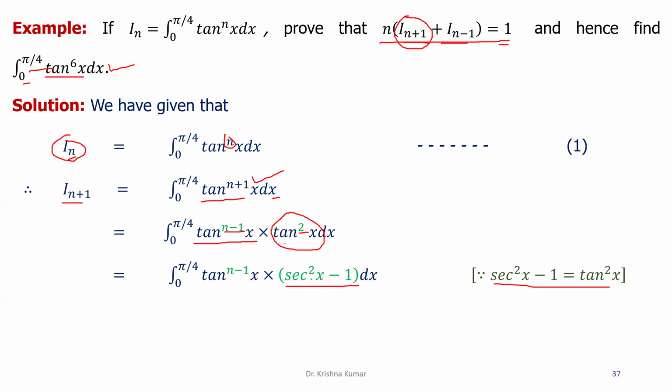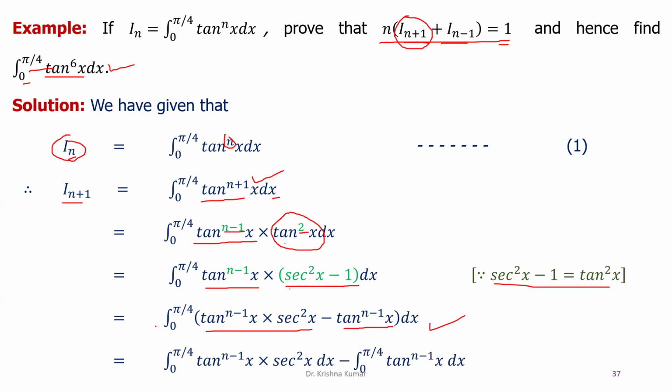Now we open the bracket. So it will be the integration under the limit 0 to pi by 4 of tan to the power n minus 1 x into sec square x. This is the first part, and minus tan to the power n minus 1 x with respect to x.